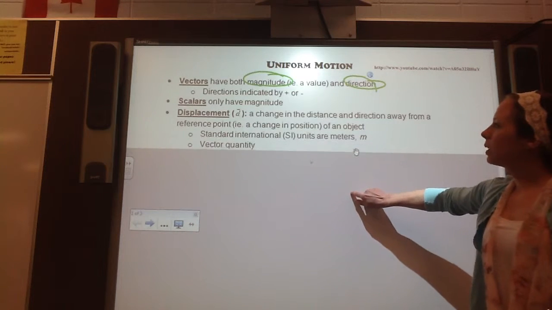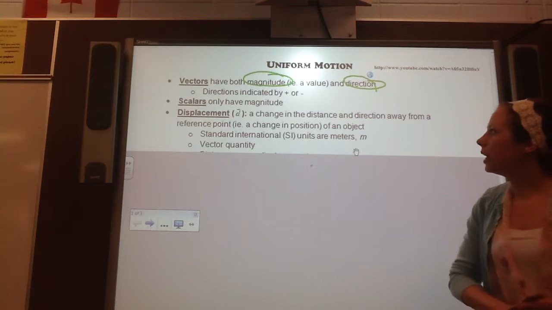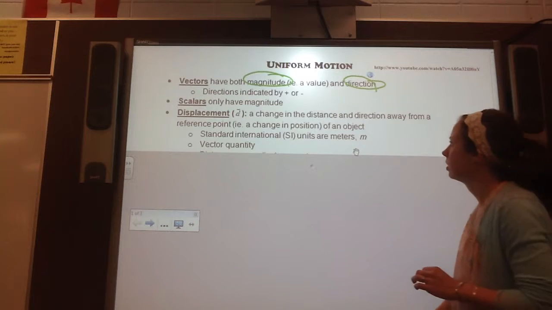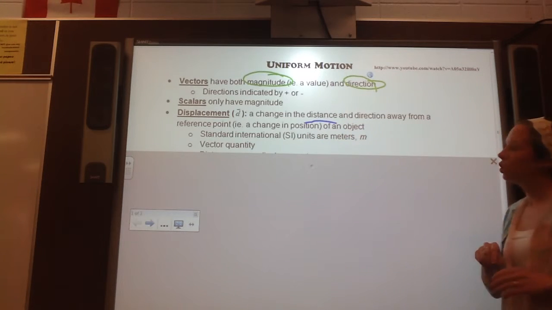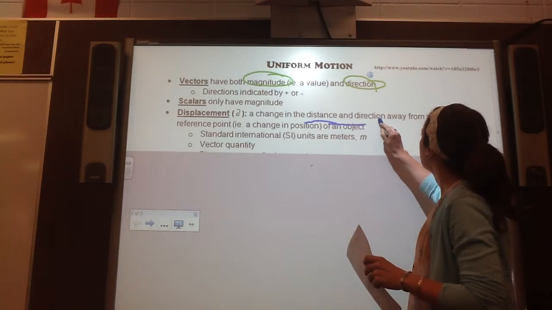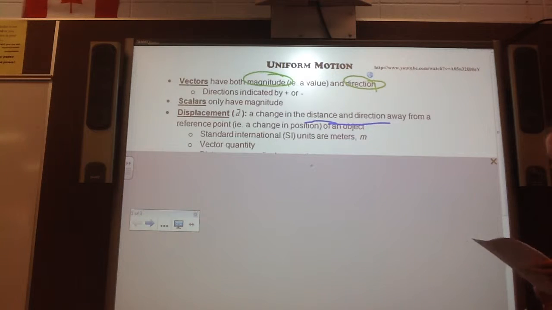So displacement, as we just said, remember it needs to be the d with the arrow over top of it, because the arrow represents that it is a vector quantity, giving both direction and magnitude. So displacement is a change in the distance and direction away from a reference point.